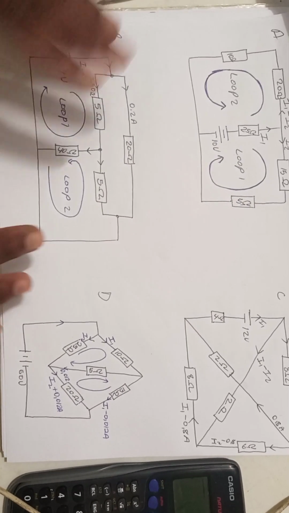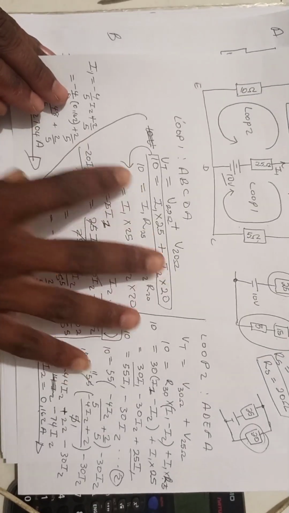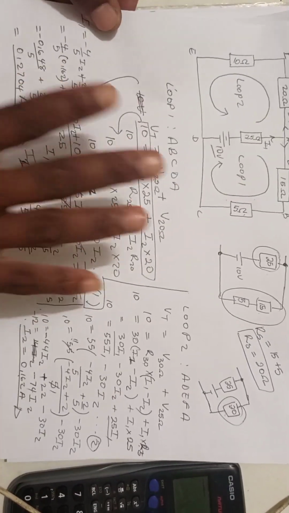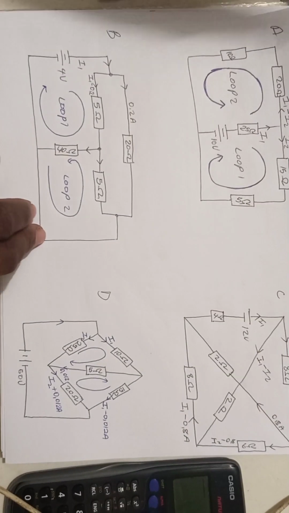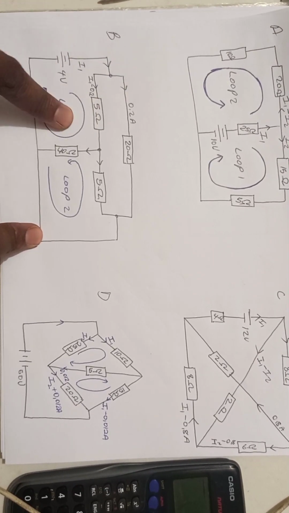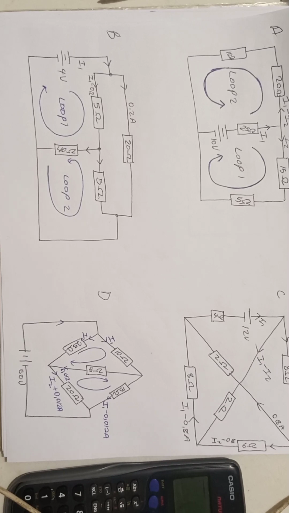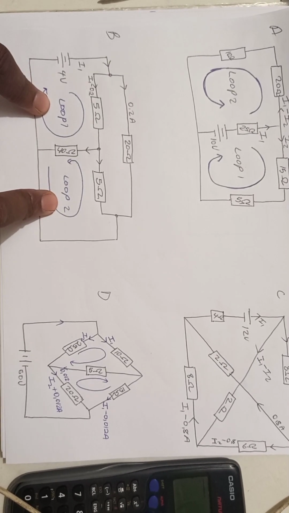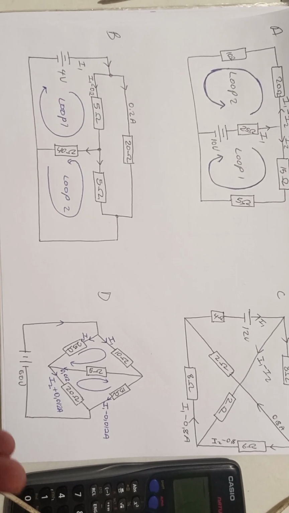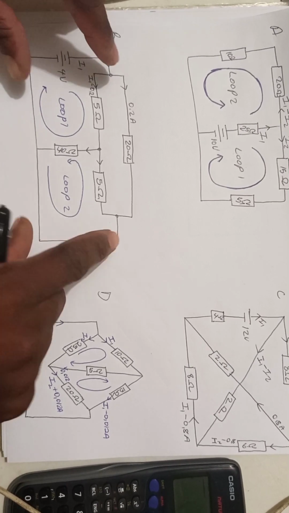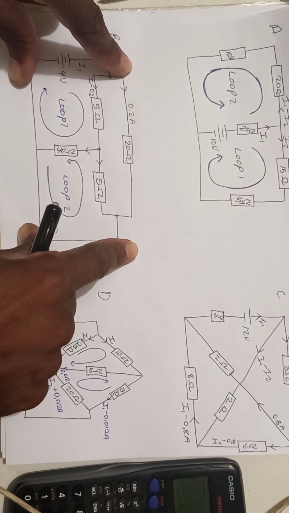Something happened that I didn't expect while we're doing this one. This circuit took us long. So I'm definitely sure that this one will also take us long. I don't know how long. So I'm gonna make part 2 for this one.